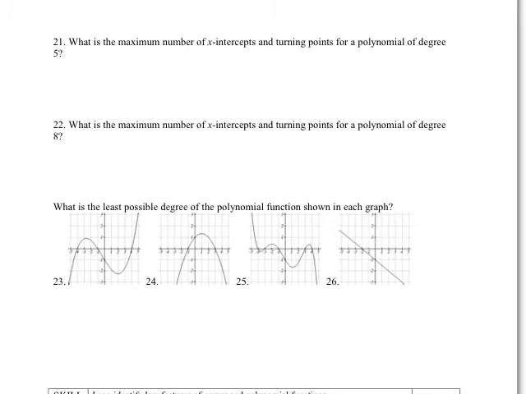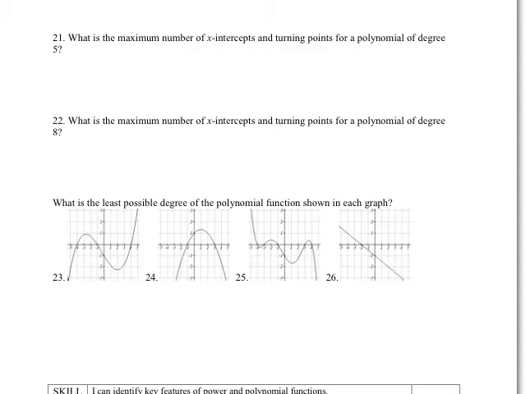Problem 21. What is the maximum number of x-intercepts and turning points of a polynomial of degree 5? So the interesting thing is the degree tells us how many times we can cross the x-axis, at a maximum. So a degree 5 will at most cross the axis 5 times, which means maybe the function looks like that.